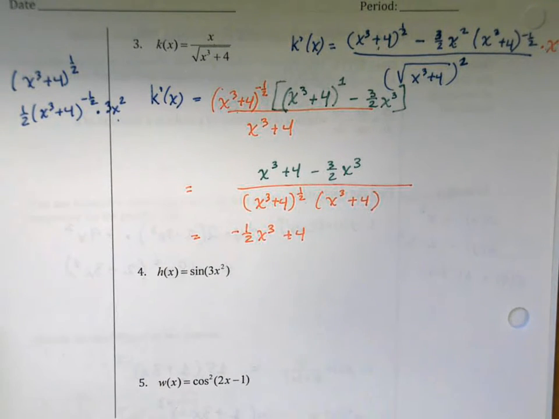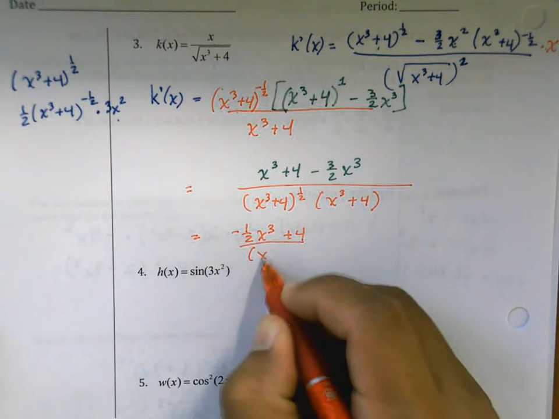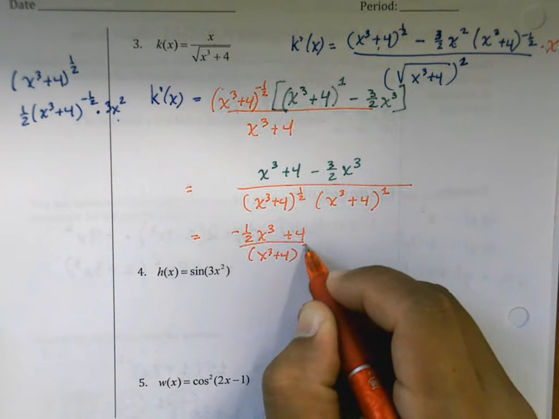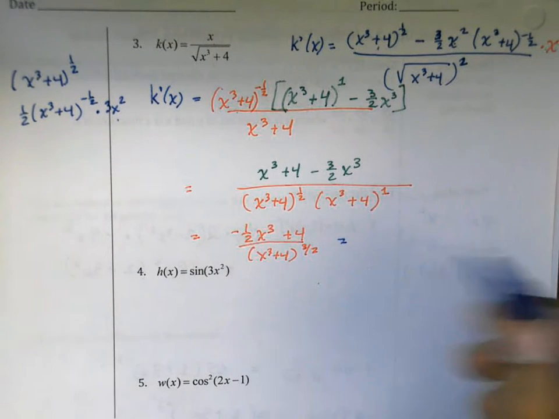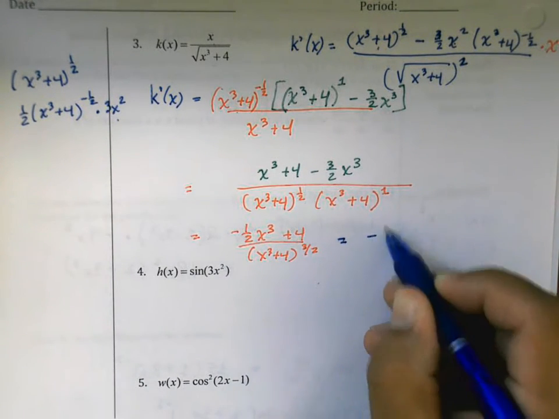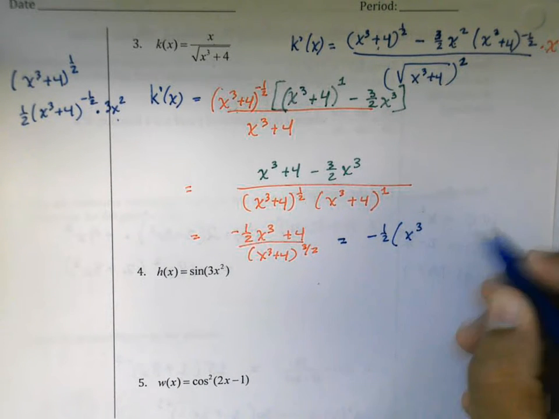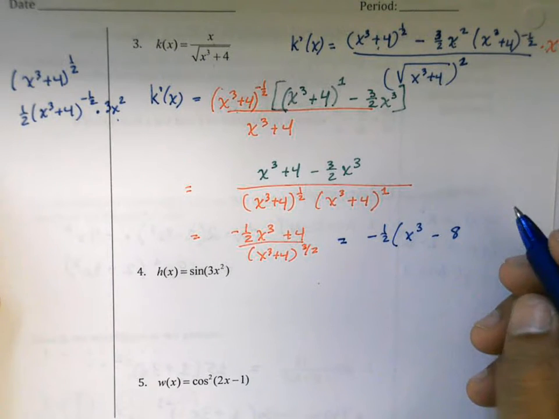And then in the denominator, this becomes x cubed plus 4. This is really to the first power, so this combines to the 3/2 power. Now what we typically want to avoid is fractions within fractions, so I'm going to factor out a negative 1/2 on the top, and that leaves me with x cubed here, and this leaves me with negative 8.